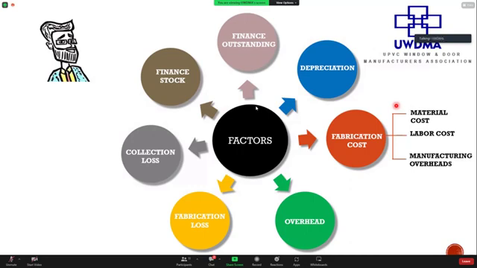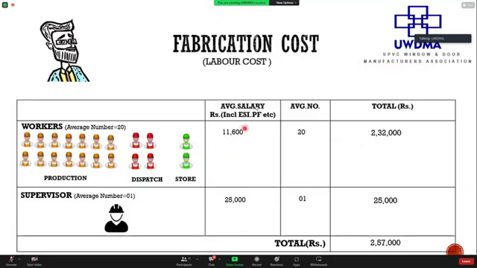The other cost you need to put apart from your material cost is your labor cost. Labor cost is how much you're paying to your labor. So here we are assuming that in a factory, 20 workers are working and the average salary is 11,600. So it comes to 2,32,000. And there is one supervisor whose salary is 25,000, and of course he is just one.